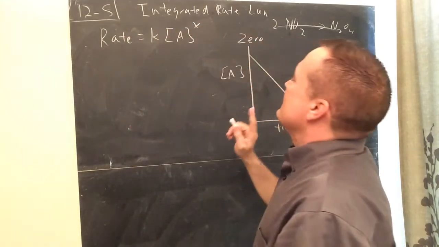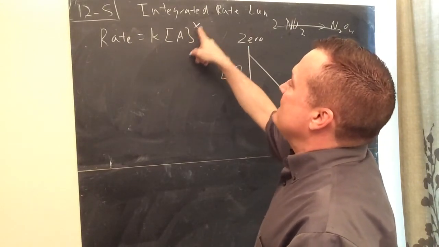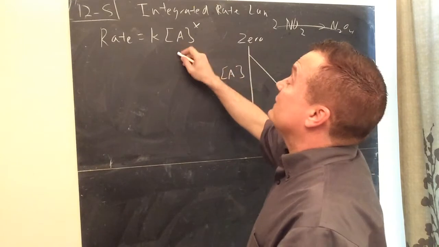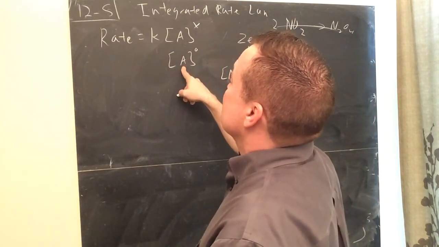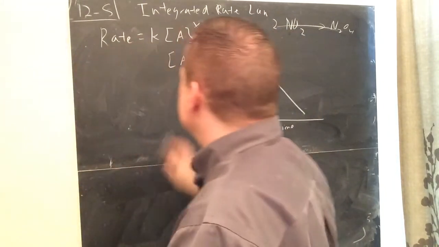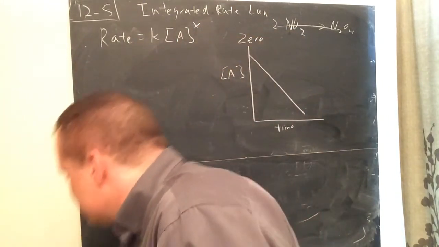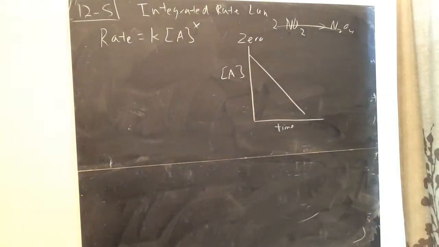So if x is 0, that means it doesn't even depend on the concentration of A. If it's 0, that becomes a 1, so rate will just equal what k says. It doesn't even matter what A is.